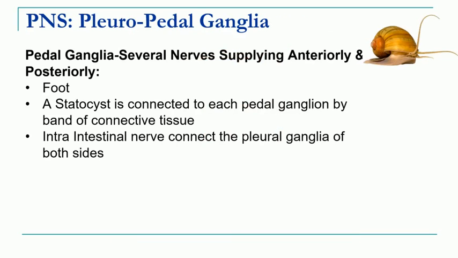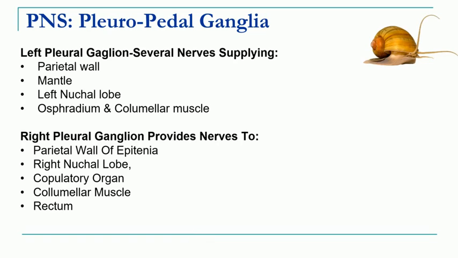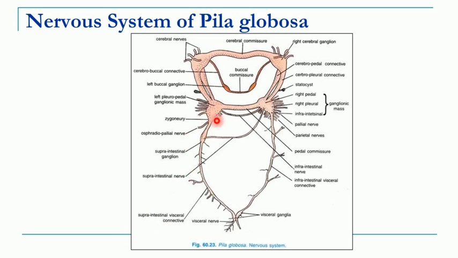Now we move to the next type of ganglion, that is the pleural ganglion. The pleural ganglion is present on the left as well as on the right side. In this diagram we can see the left pleural ganglion and the right pleural ganglion.